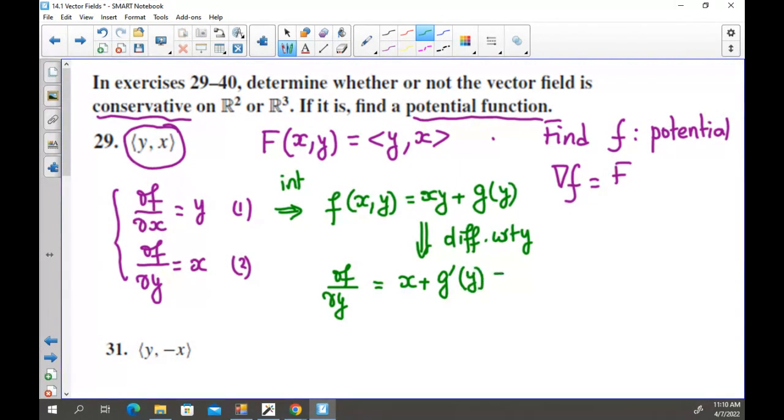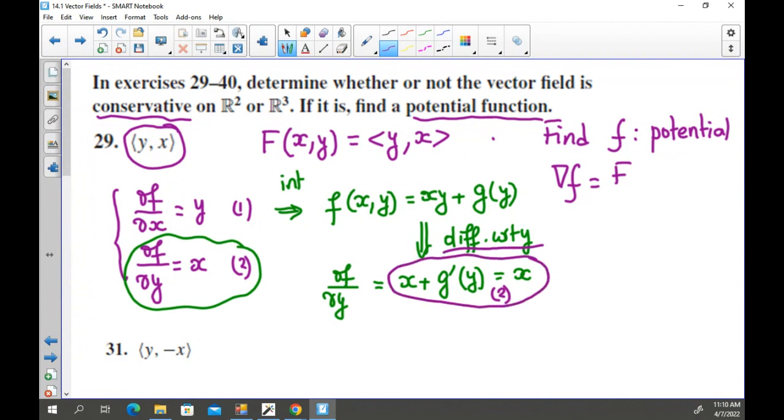And according to equation 2, it should be equal to x. Does that make sense? So we go from 1, integrate, differentiate with respect to y, and then use the second equation 2 to get something like this.